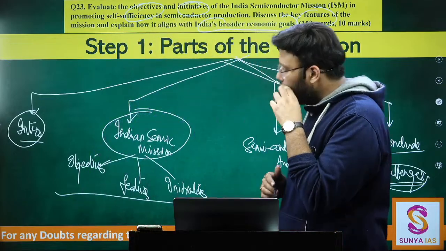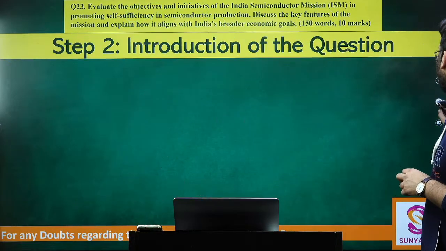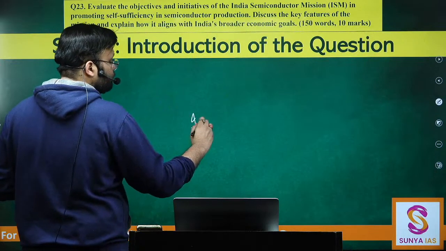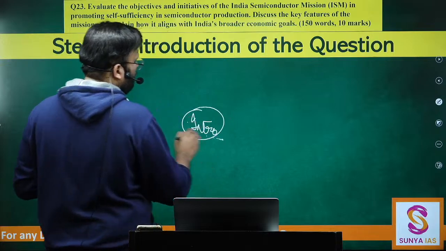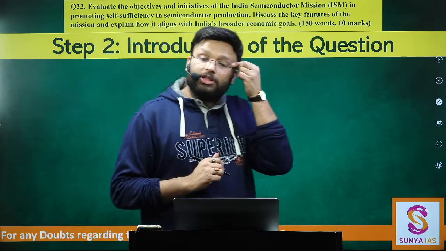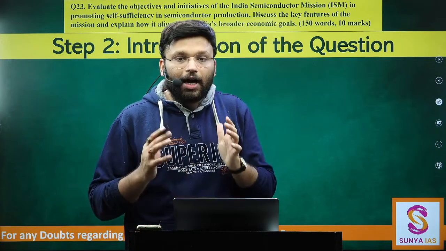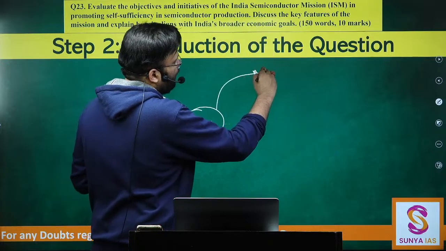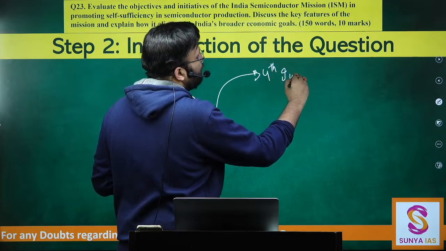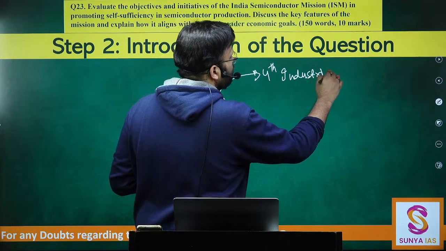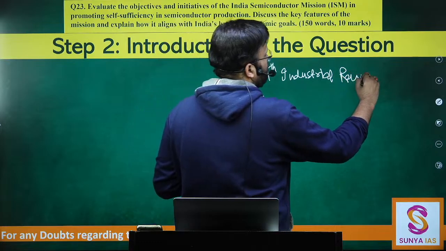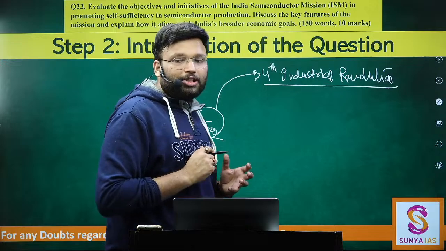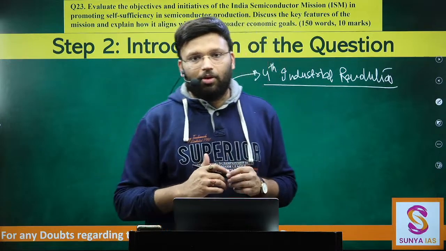Now let's see each part. First, we will start with the introduction. Now what all can we introduce in the introduction? That we are living in an era of the fourth industrial revolution. And what is the fourth industrial revolution about?